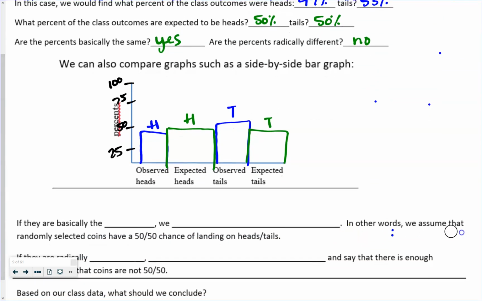All right, so if our data, our evidence, is basically the same, then we do not reject the null hypothesis.